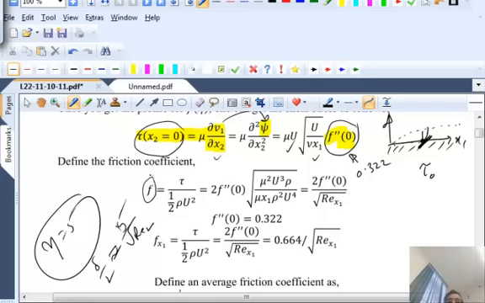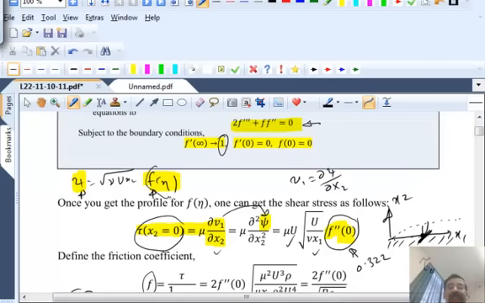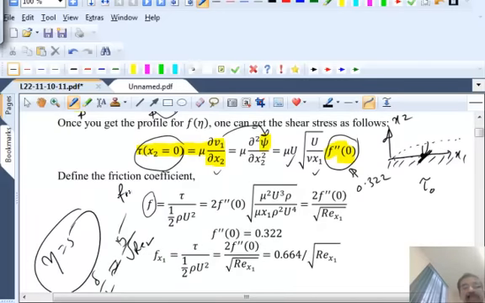So the friction factor, here it's an unfortunate choice of symbols, but this function is not the same as this. This is an unknown function, but f here is the friction factor. It is defined typically as tau divided by 1/2 rho u squared, same as the drag coefficient.